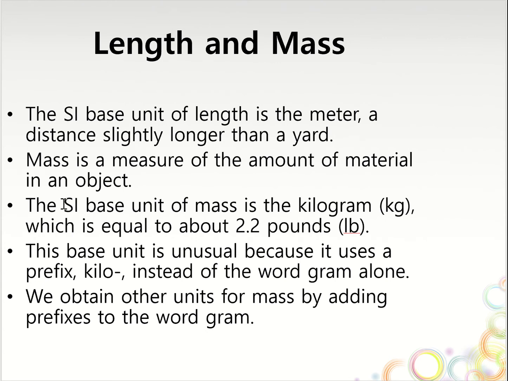This base unit is unusual because it uses a prefix, kilo, instead of the word gram alone. You would think that if it's the base unit, then it would be gram, but it's quite unusual that the base unit is a multiple of something, kg. We obtain other units for mass by adding prefixes to the word gram.